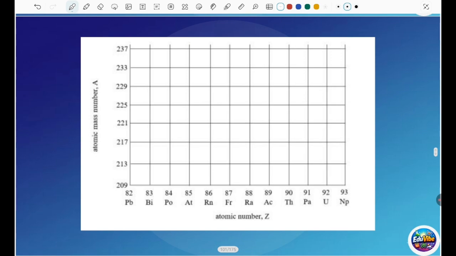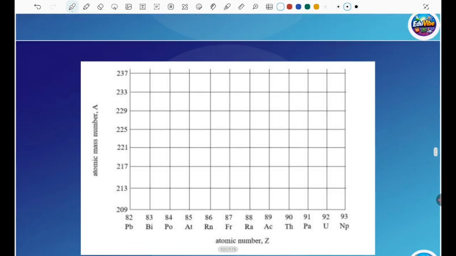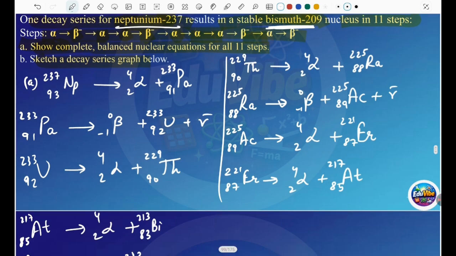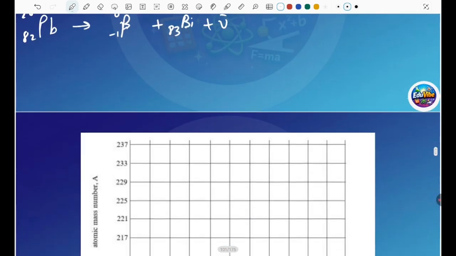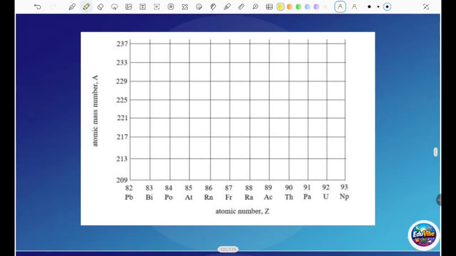How can you make this graph? So firstly, I will tell you the first one. So this is Np, they start from Np, which is that over there, this 93.